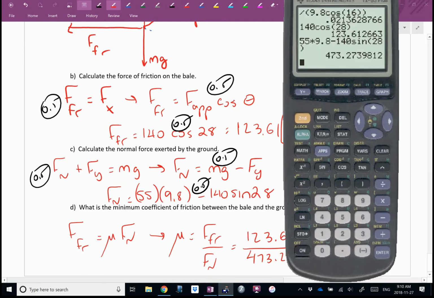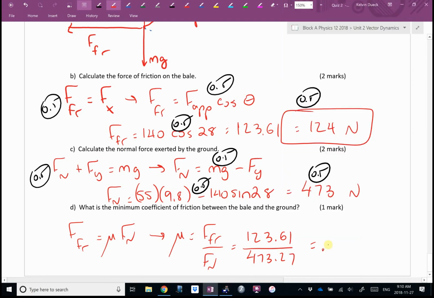Okay. 123.61 divided by answer button. Do you get 0.261? 0.26 something? 1 mark for that. Okay. I would probably give you a half mark if I saw mu equals friction over normal force.